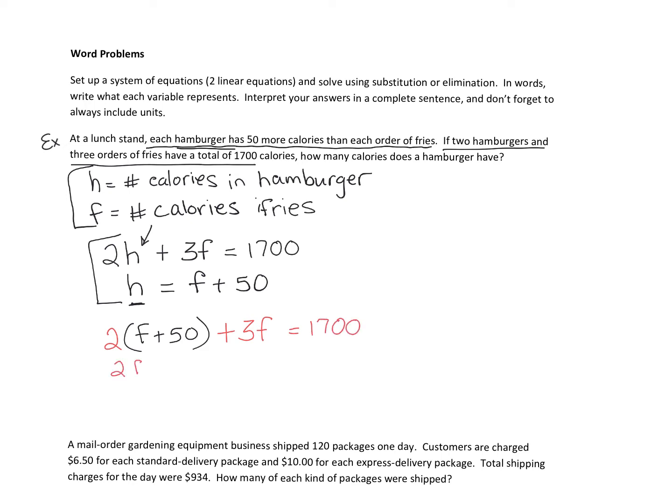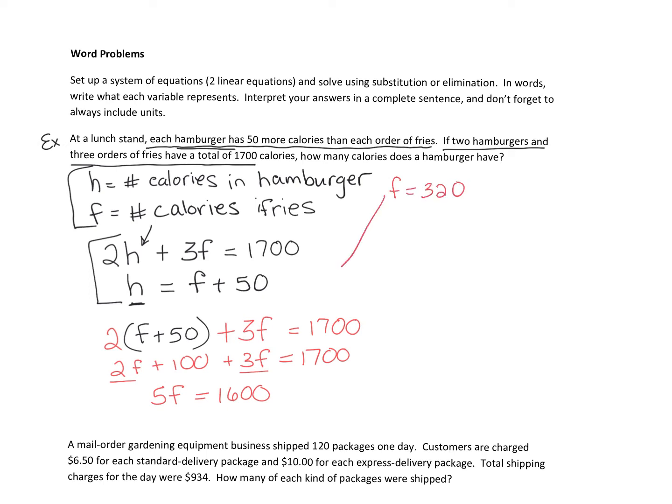Distributing, 2F plus 100 plus 3F equals 1,700. Collecting like terms, 5F equals 1,600. Then when we divide, we get F equals 320.